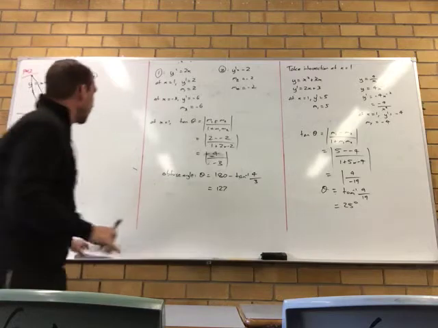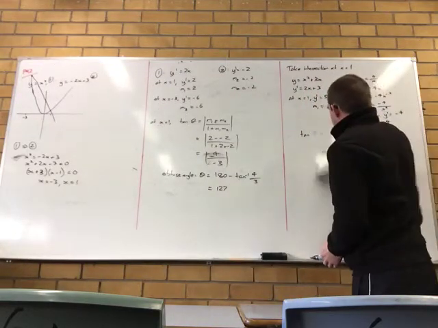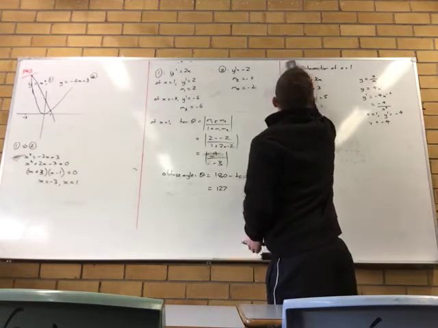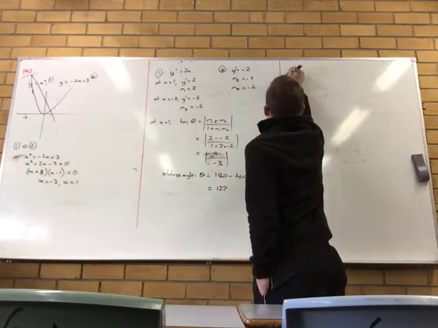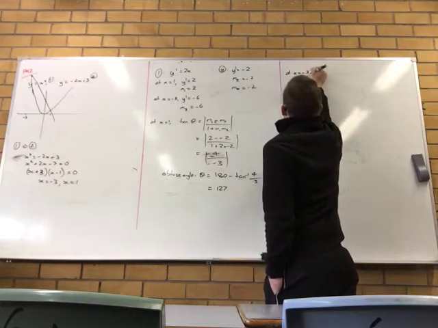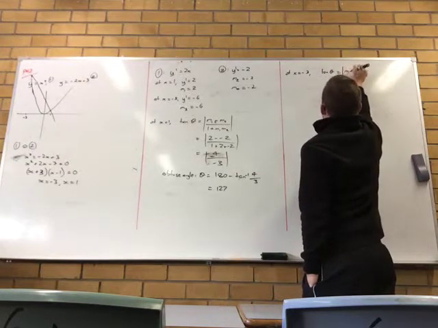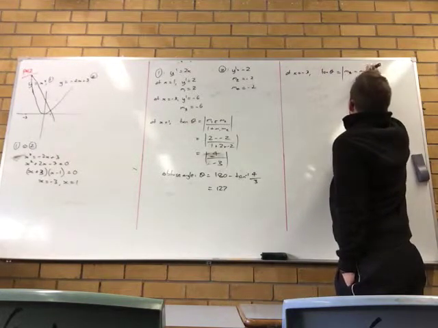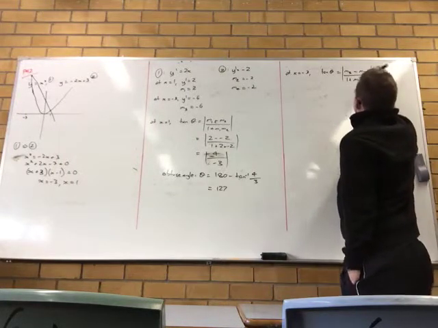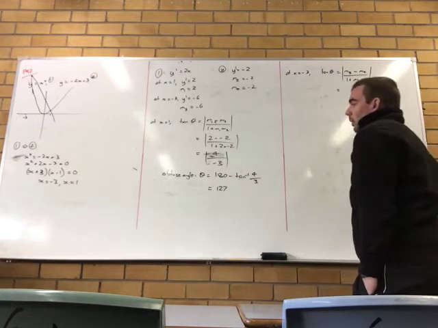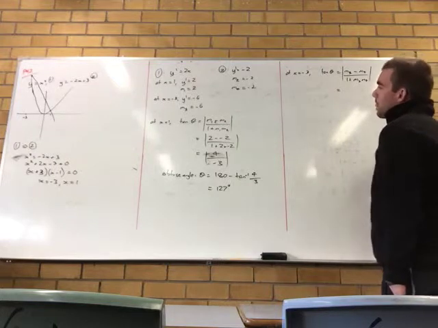Yep. The other intersection point, x is -3. So at x equals -3, tan theta is the absolute value of m3 take away m4, over 1 plus m3 m4. 127 degrees, don't forget units.